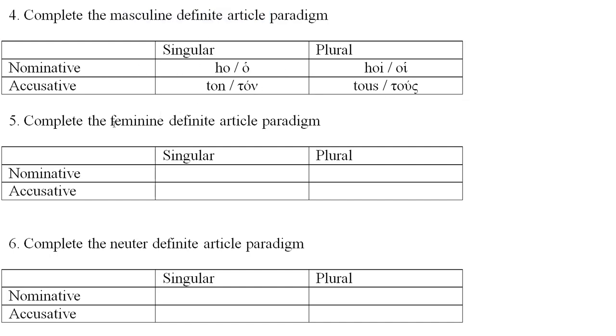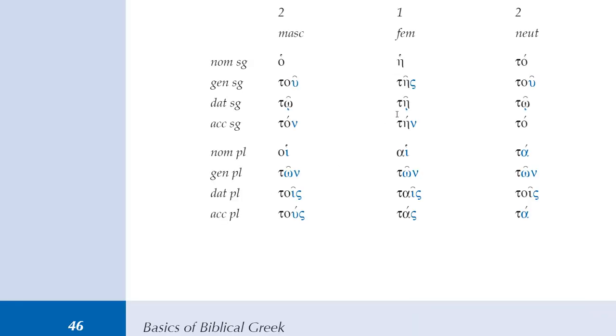We'll come down here to feminine definite article. We're going to come over to our chart and look at the feminines. Again, we're looking at the nominative singular and accusative singular, and then the nominative plural and the accusative plural. So let's fill in our chart.